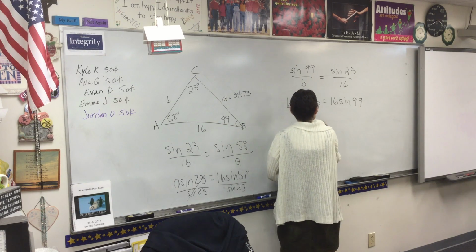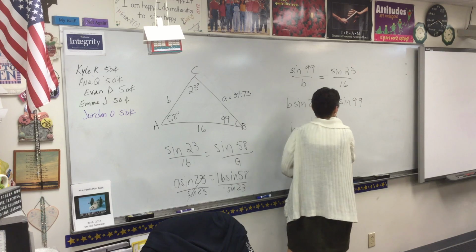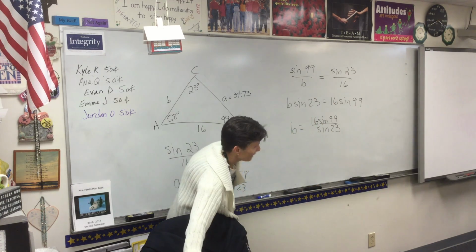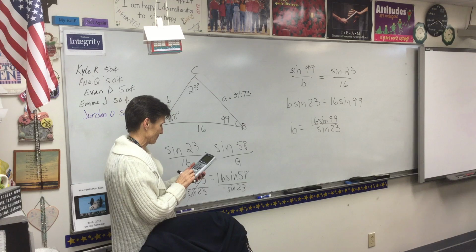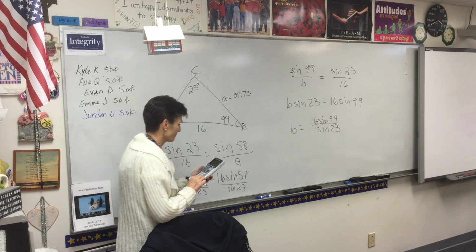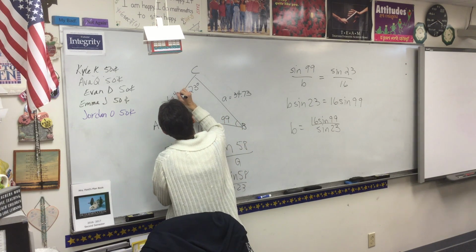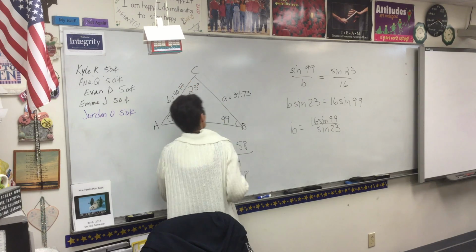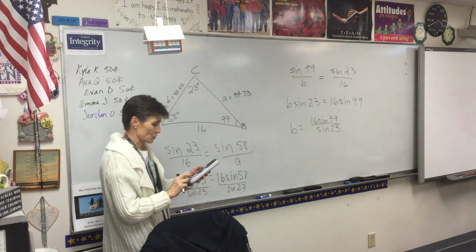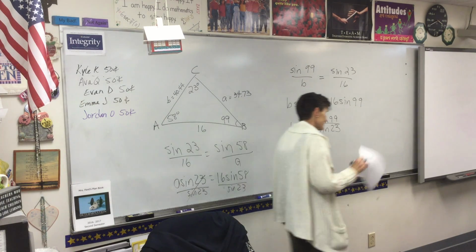So B equals 16 sine 99 divided by sine 23. And put it in the calculator. And I got 40.44. And I am finished.